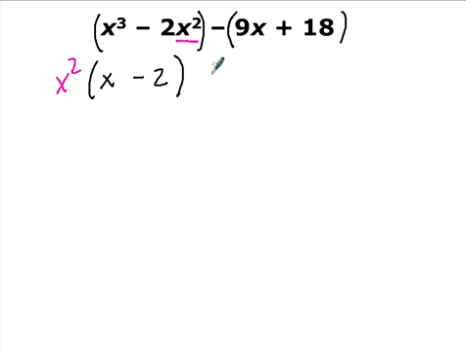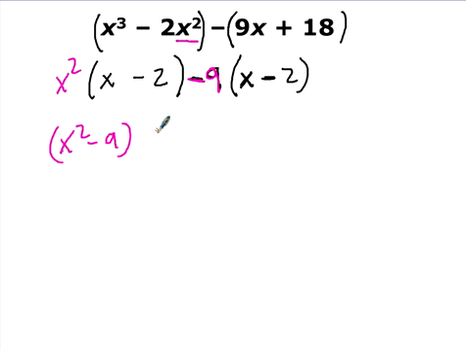Well, for this one I can keep that negative sign and pull out 9. So I'm pulling out negative 9. So I have x left, and then negative 9 times negative 2 is 18. Let's keep this same color. So right now we have x squared minus 9 times x minus 2.